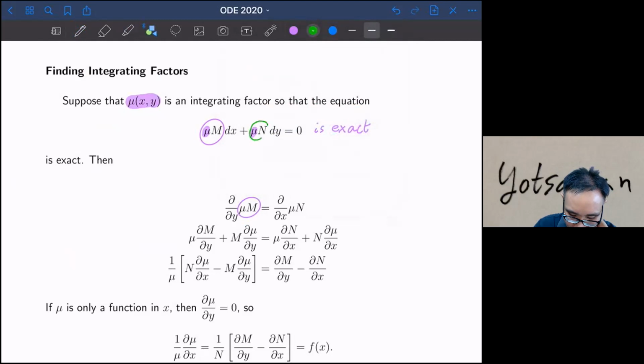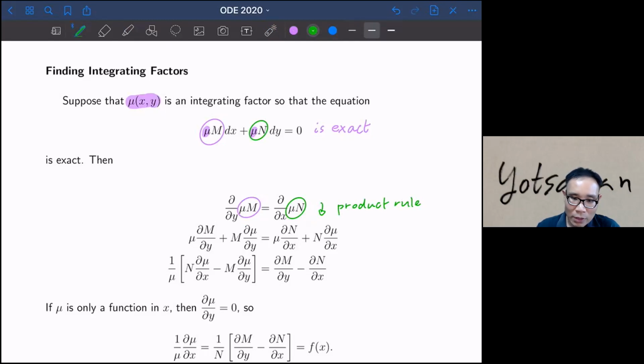So the green one is mu N. Okay, so you have the derivative with respect to y of mu M equal to the derivative with respect to x of mu N. Okay, and here you use the product rule, and the thing that you get is going to be the first times the derivative of the second plus the second times the derivative of the first.